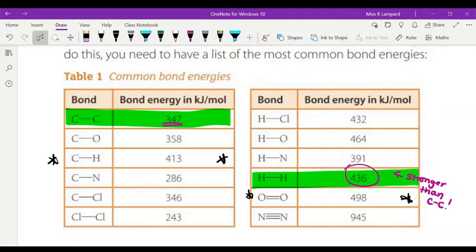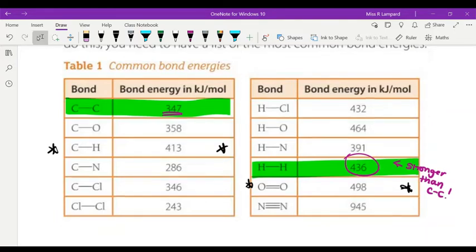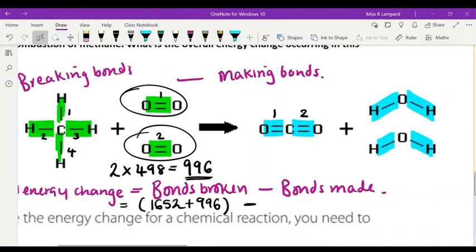Okay, 799 for one of those. So how many have we got? We've got 2, so 2 times 799, which is equal to 1,598. So put that in there, 1,598 plus, well, how many OH bonds have I got?